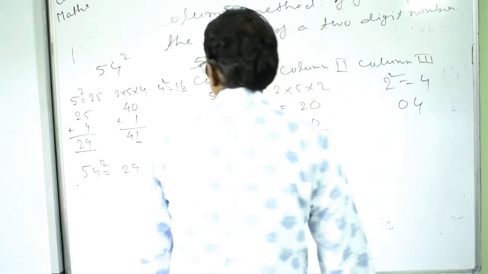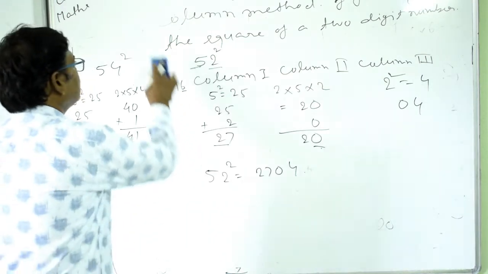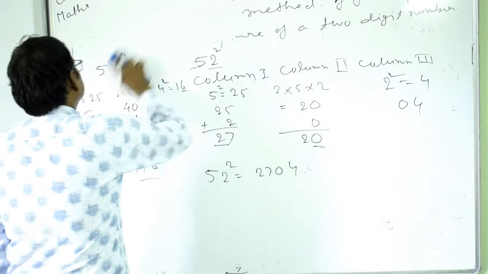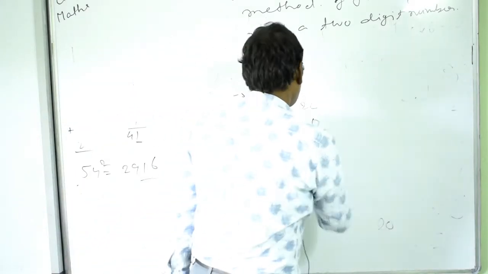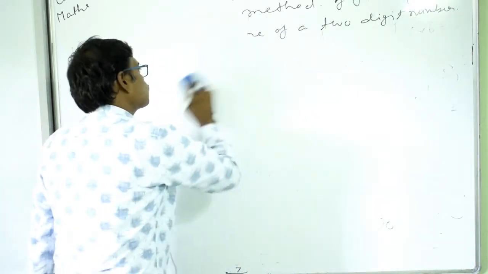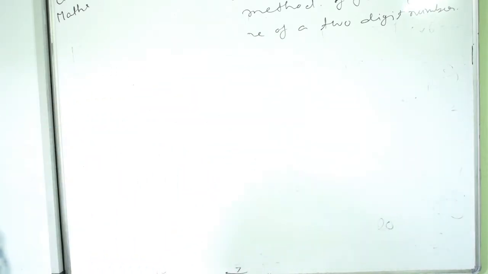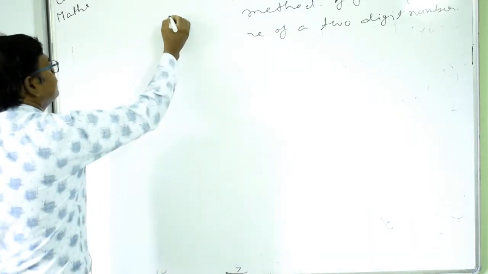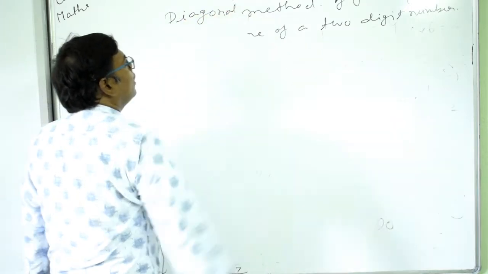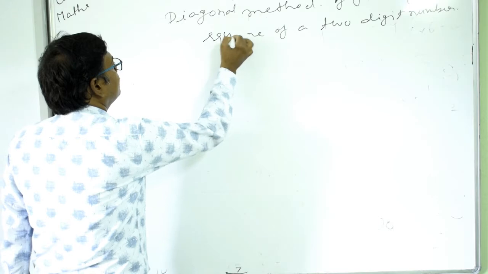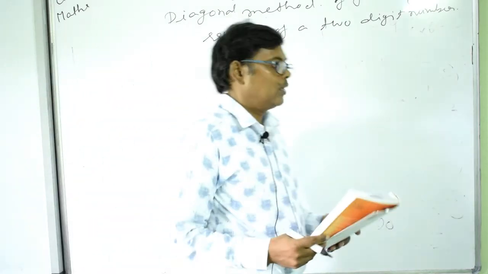So how will you find the square of a given number by using the diagonal method? Okay, so diagonal method of finding the square of a number.